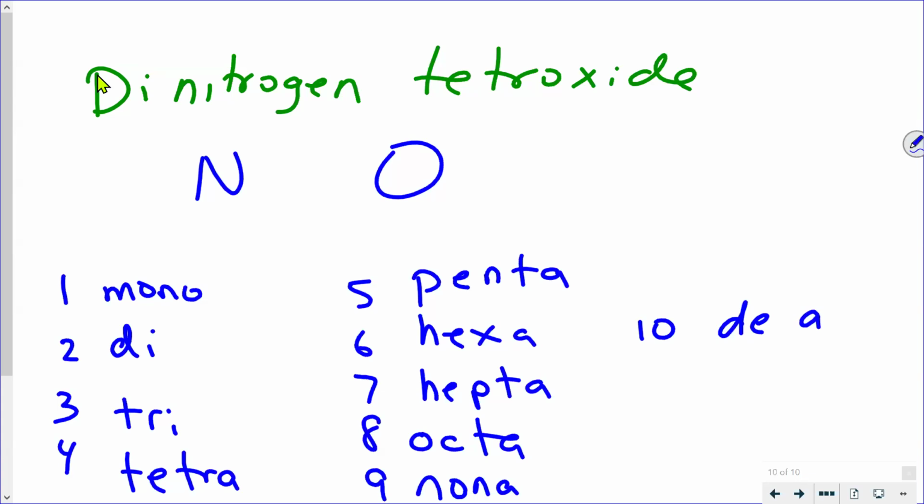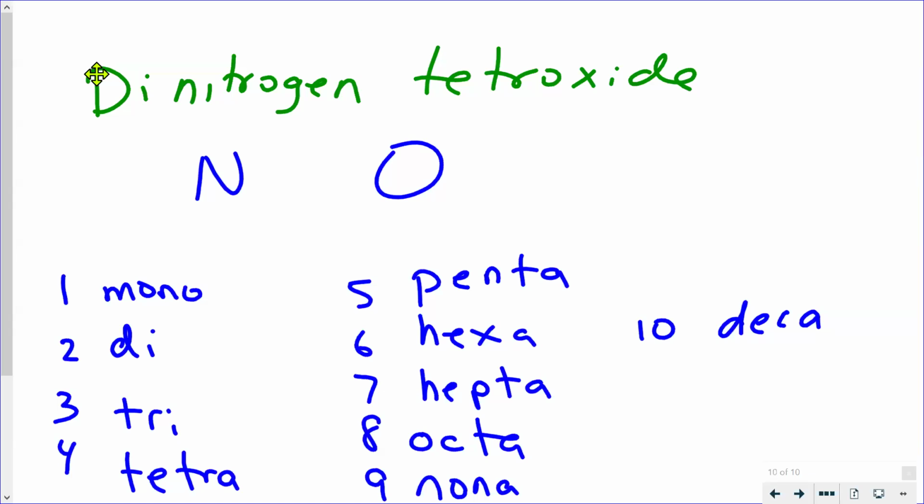There's a letter in the middle. Dedagon? I'm just guessing. It's close to the D though. Deca. Oh, deca. So 10 is deca.